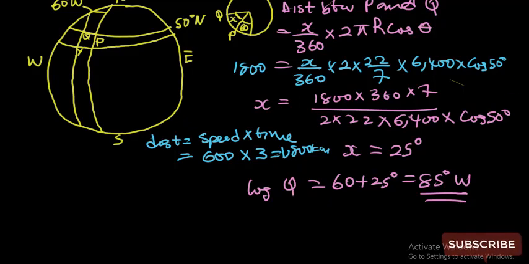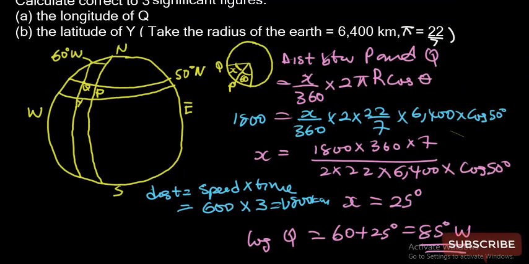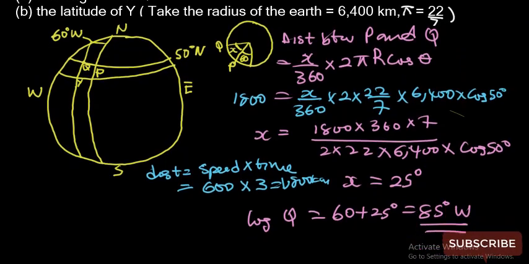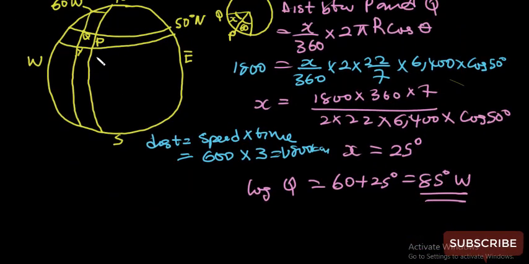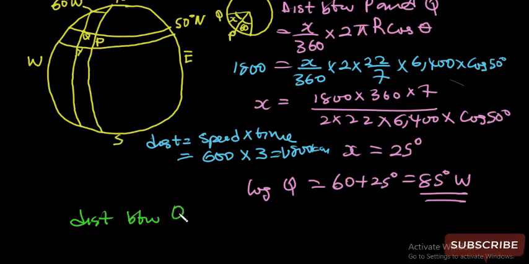All right. So let us find the latitude of Y. Now we are looking at the distance between Q and Y along the parallel of longitude, this longitude of 85 degrees west.